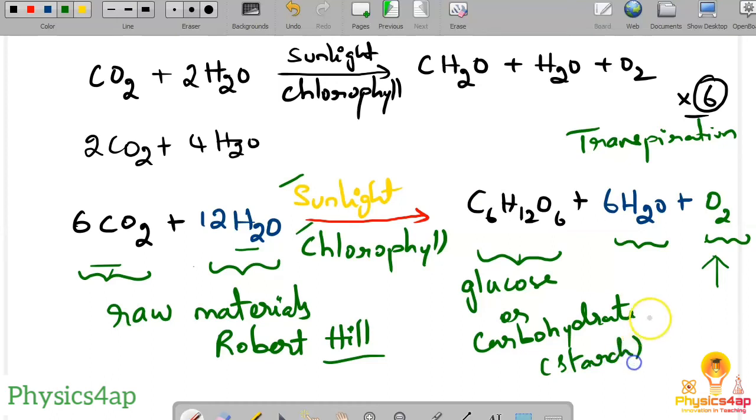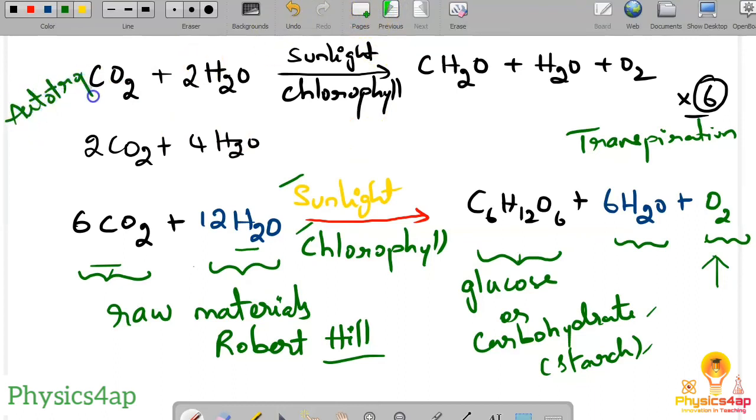So starch is nothing but a carbohydrate, that is the food material for the plant, and this starch is present in all the food materials which we are eating, like in potatoes or rice or whatever it may be. So as the plants can prepare this starch, that is why they are called autotrophs. That is why we call them autotrophs.